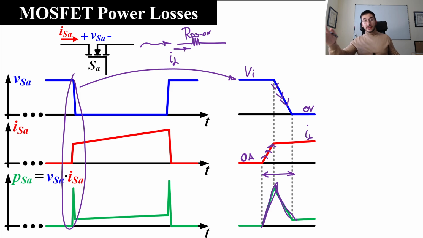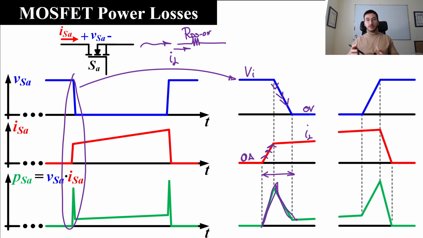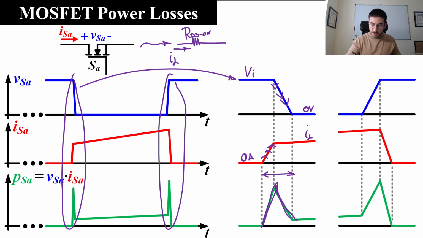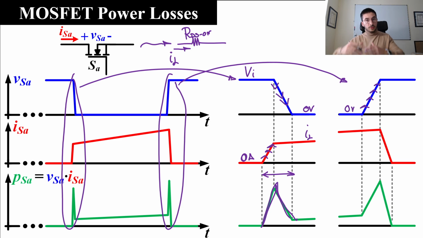The explanation for the turn off is quite similar if we try to understand this in a very simple way. If we focus on this part, we will see something like this. When we turn off the device, the voltage across the device rises from 0 to the voltage it has to block, in our case the input voltage, and the current falls from the current that is flowing through the inductor at that point to 0.